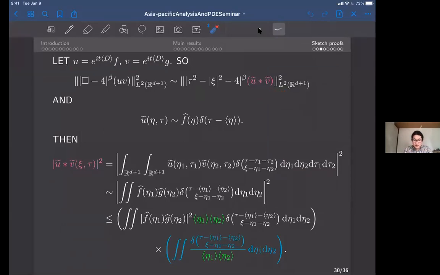Then I omit the constant, but it's just Plancherel and convolution, so you have the constant, like 2 pi raised to something. And then you can also compute this U tilde this way, using the Dirac delta function and the initial data.